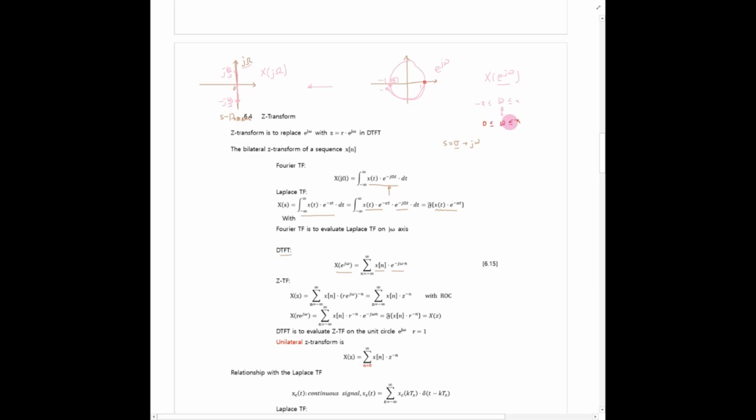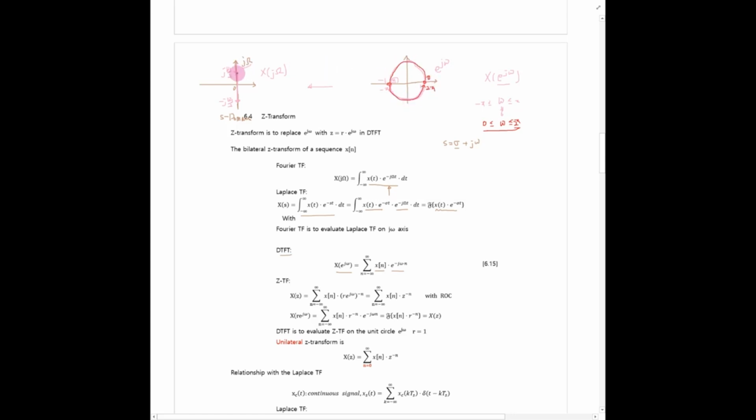If omega increases, it follows this unit circle, passing minus 1, that's the Nyquist frequency, and increasing to 2 pi. So the 0 to 2 pi index is this one. We prefer minus pi to pi, but sometimes we use 0 to 2 pi, and it's the same because it's periodic. You know, the circle is periodic like that.